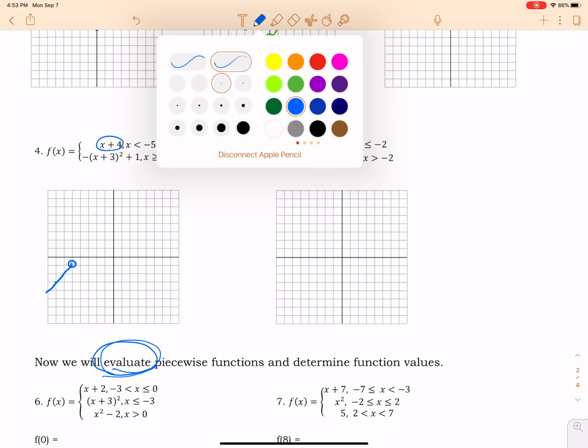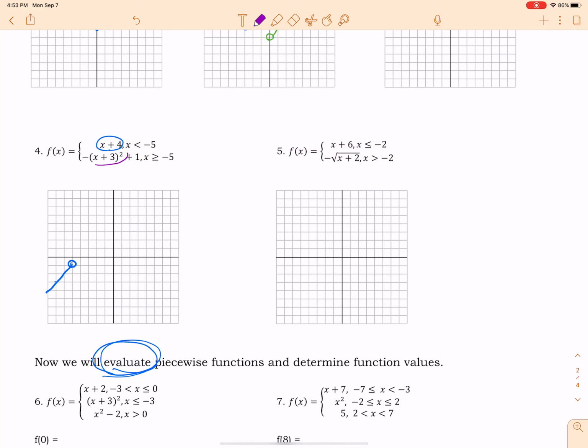And we'll use another color. For this right here, this is my quadratic function again, and this time it moves left 3, and it reflects over the x-axis. So that means that it's going to look something like that, right? Okay, so let's see where it's restricted. It's restricted at greater than or equal to -5.